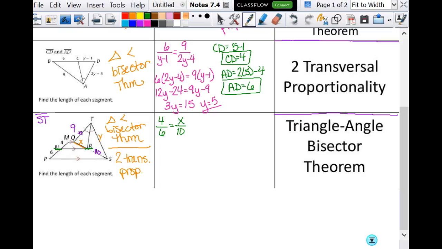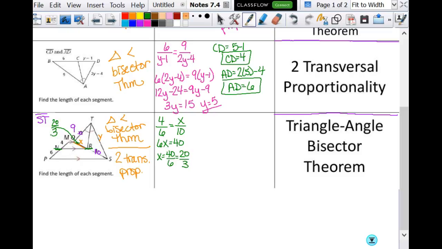So when I cross multiply, that is going to give me 6x equals 40. So x equals 40 over 6. That does not divide evenly, so that becomes 20 over 3. So x right here is 20 over 3.